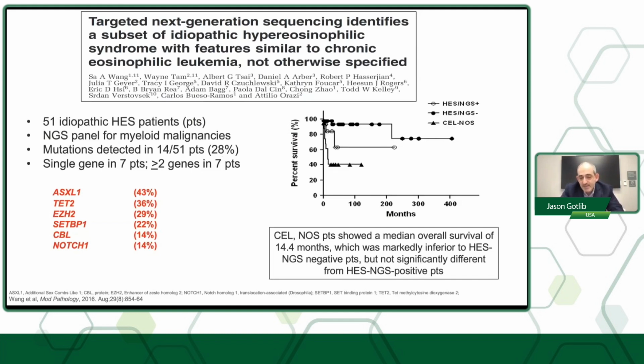Having said that, if you look at the survival curves, if you have HES without a mutation, those patients do better than those patients that were HES who were subsequently found to have a mutation in a myeloid gene or were, for other reasons, diagnosed as chronic eosinophilic leukemia.